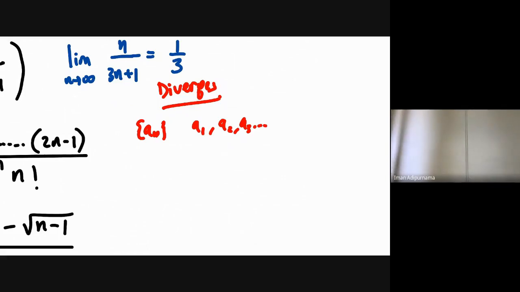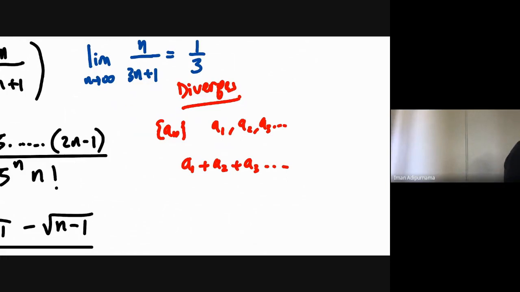But in a series, because you are adding your a1, a2, a3 up to some infinite n, if you keep adding and you are adding a constant value, then of course it is going to diverge. So when the limit of the sequence is going to have some value, then the series will be diverged.